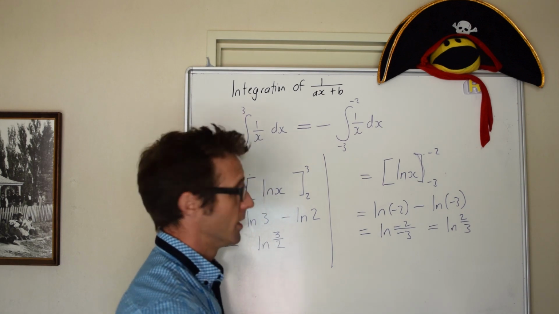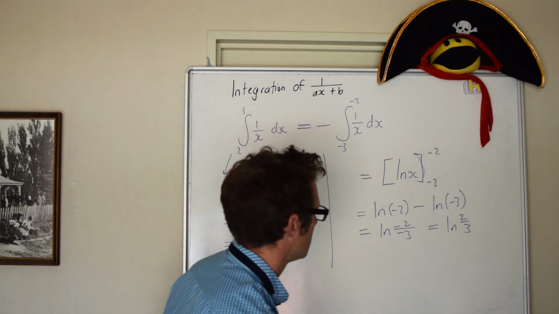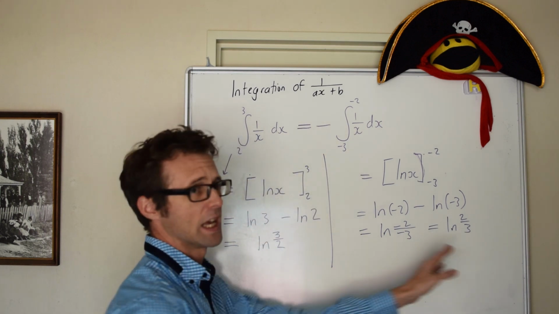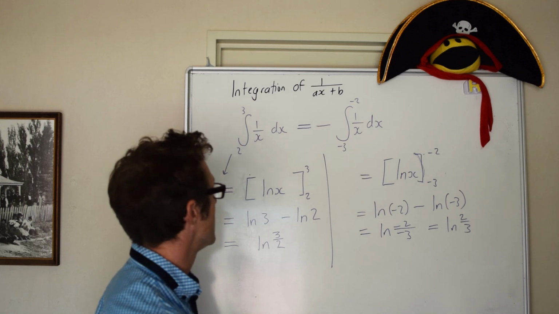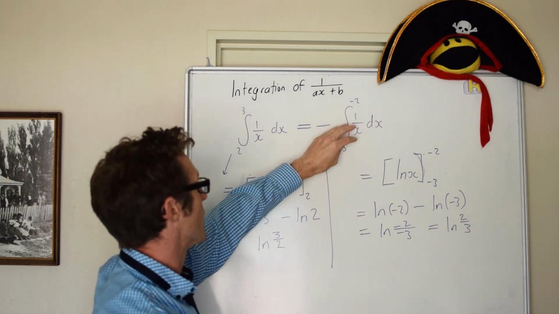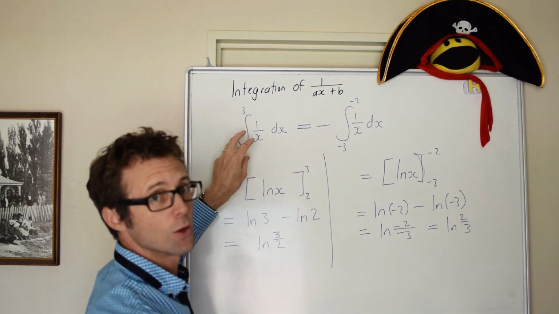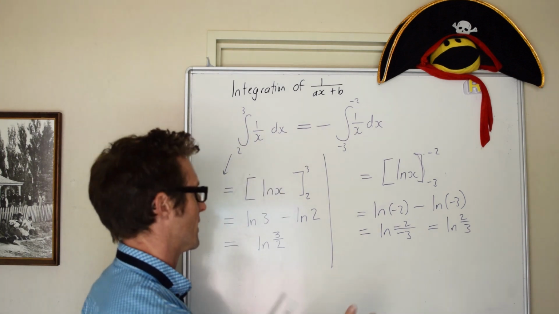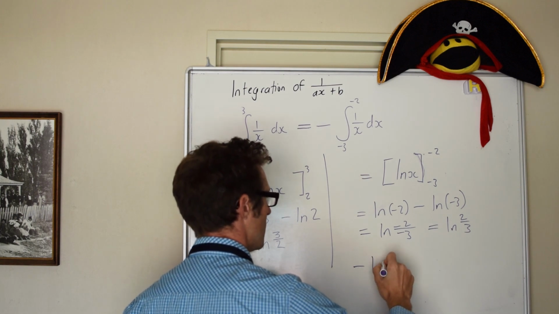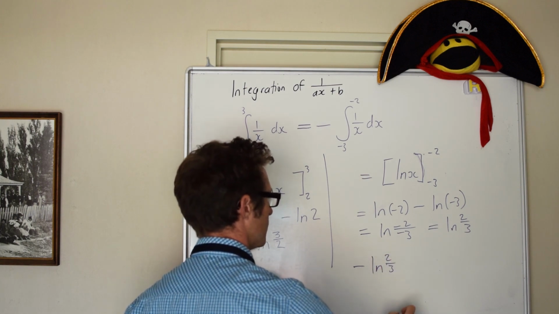Okay, now we get to the final point here. Let's consider what is going on here. These are not the same value, but remember what we said earlier, that the area under the curve here was going to be the negative of the area under the curve here because it was under the x-axis. Well, let's see if that's true. What is minus ln 2 over 3?